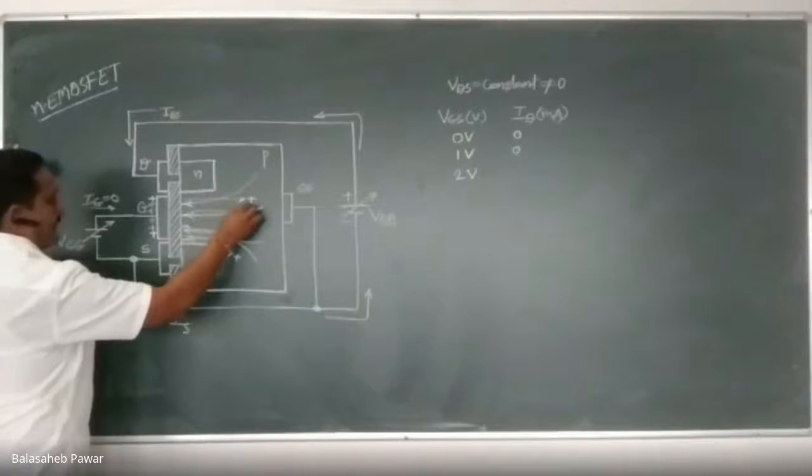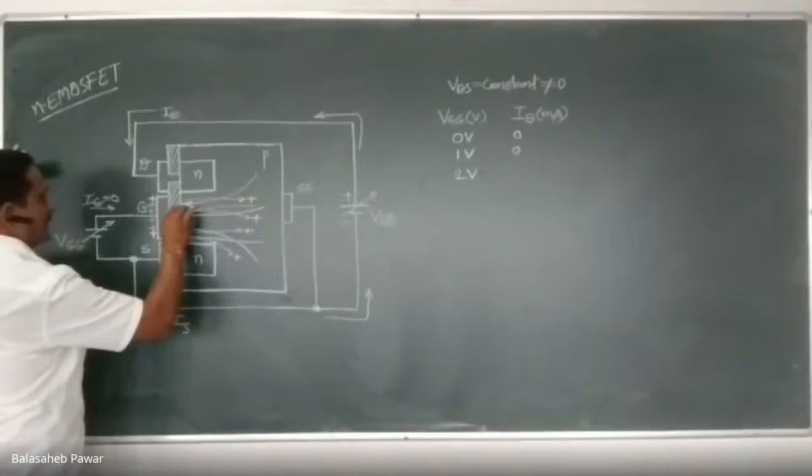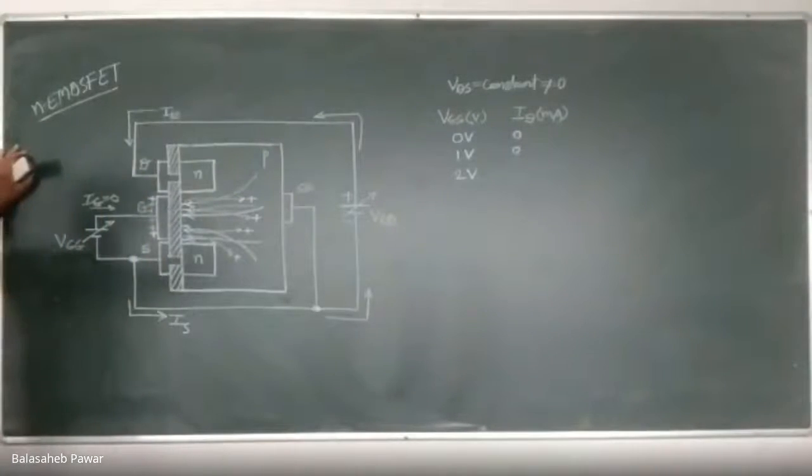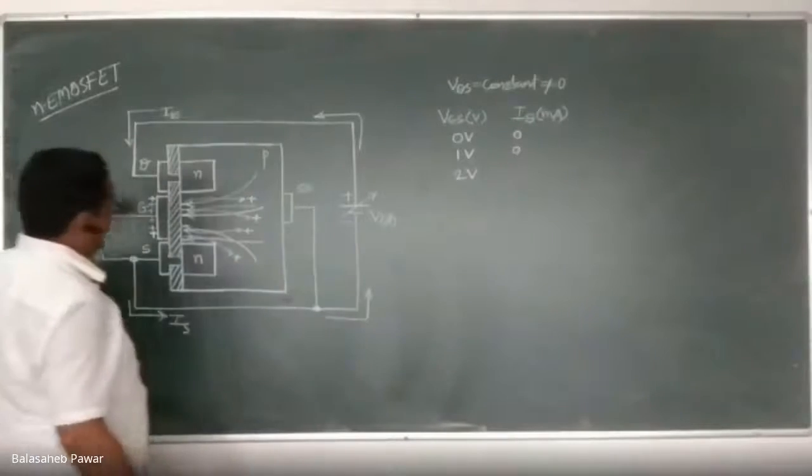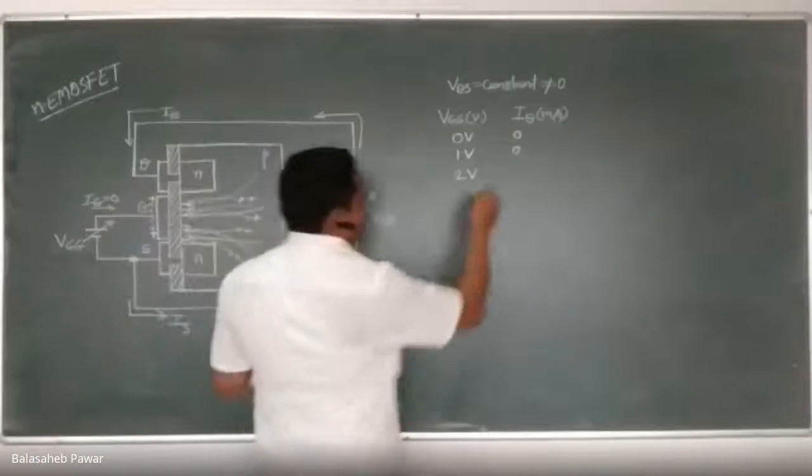Am I right? But still you will observe at the edge of that SiO2, a few positive charge carriers still remain over there, is it? And hence it will not allow the flow of current through it.